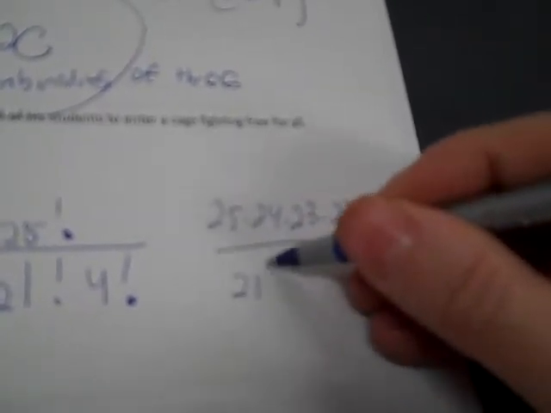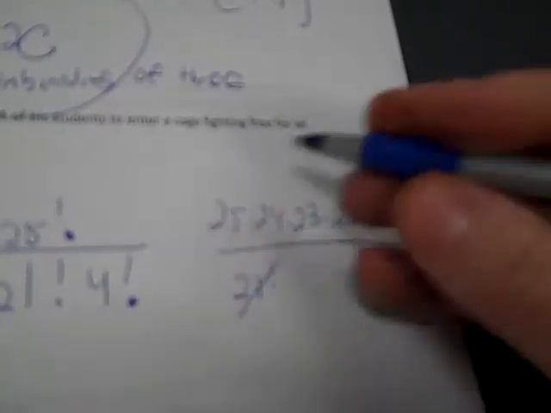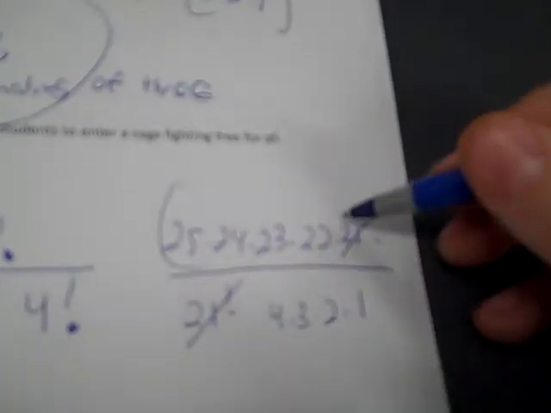So I go 25 times 24 times 23 times 22 times 21. Stop at 21. Obviously, I'd much rather stop at 21 than 4. You can take your pick on where to stop, but logical to me, we'd stop there. Divided by 4 times 3 times 2 times 1. Put the parentheses.